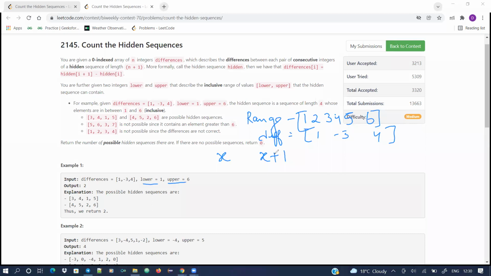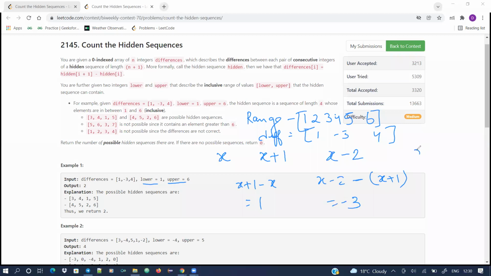X plus 1 minus x is giving us 1. Same, the third number will be x minus 2, because x minus 2 minus of x plus 1 will give us minus 3 as difference.